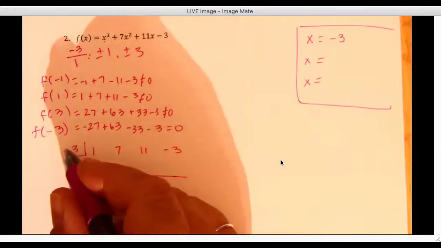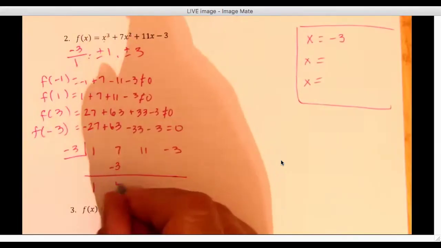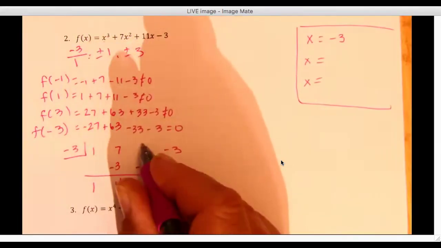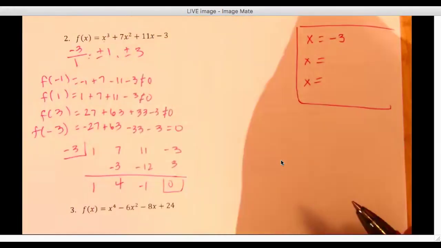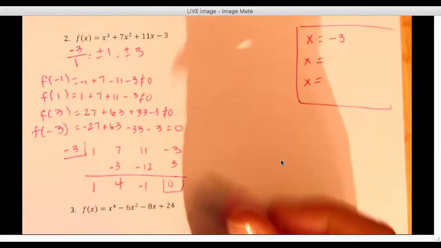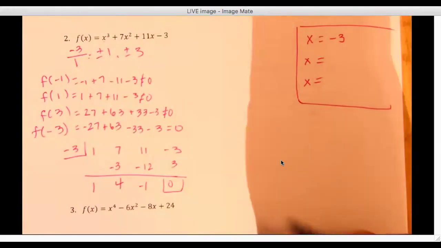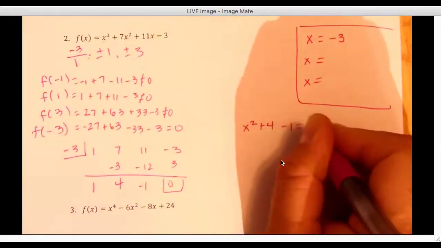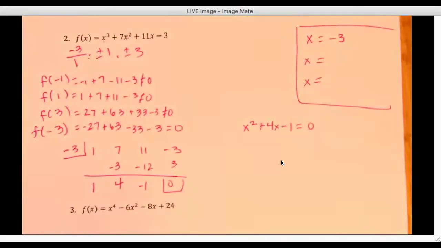Bringing down my 1, -3 times 1 is -3. 7 plus -3 is 4. -3 times 4 is -12. 11 plus -12 is -1. -3 times -1 is 3, and 0, which is what we would expect. We want it to have a remainder of 0 because it should divide evenly. And I'm left with x squared plus 4x minus 1 equals 0. And that is not something that the x method will work for.